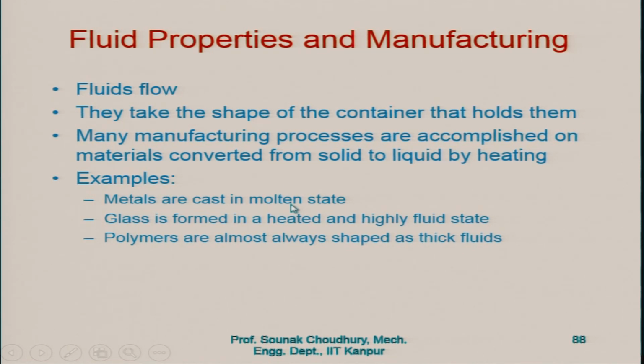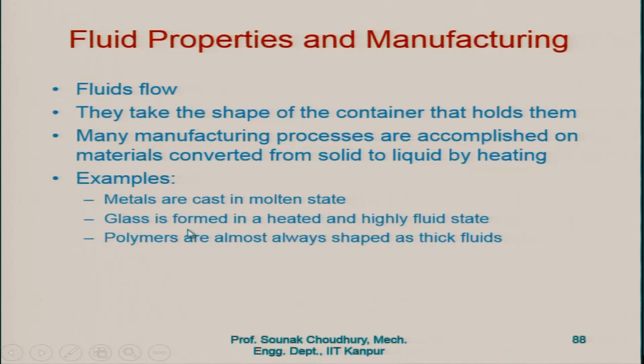However, inside the machine they are actually melted, meaning they are brought to the thick fluid state. So, as you can see, for casting, for formation of glass utensils, and for polymers, they are always in the fluidic state.